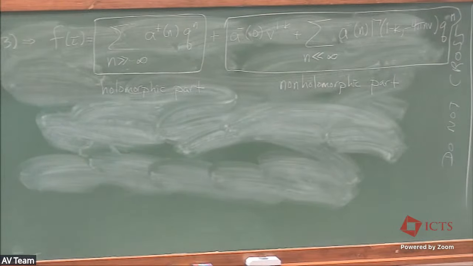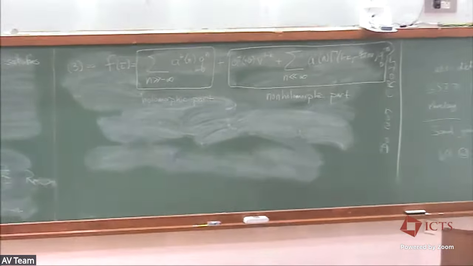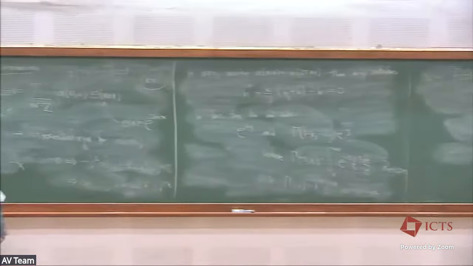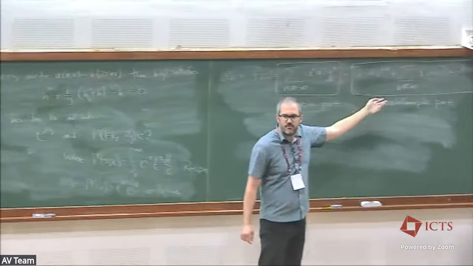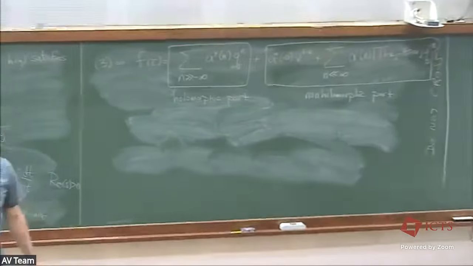Now this is a direct generalization of modular forms. If f is a modular form, it automatically satisfies 2, and so modular forms are of course going to have just the holomorphic part and not the non-holomorphic part. This allows us to have something more general.